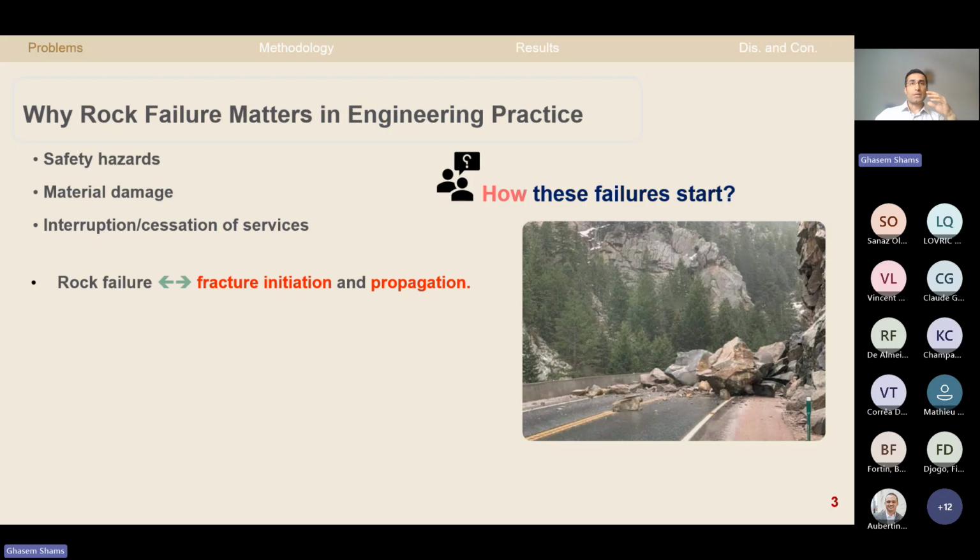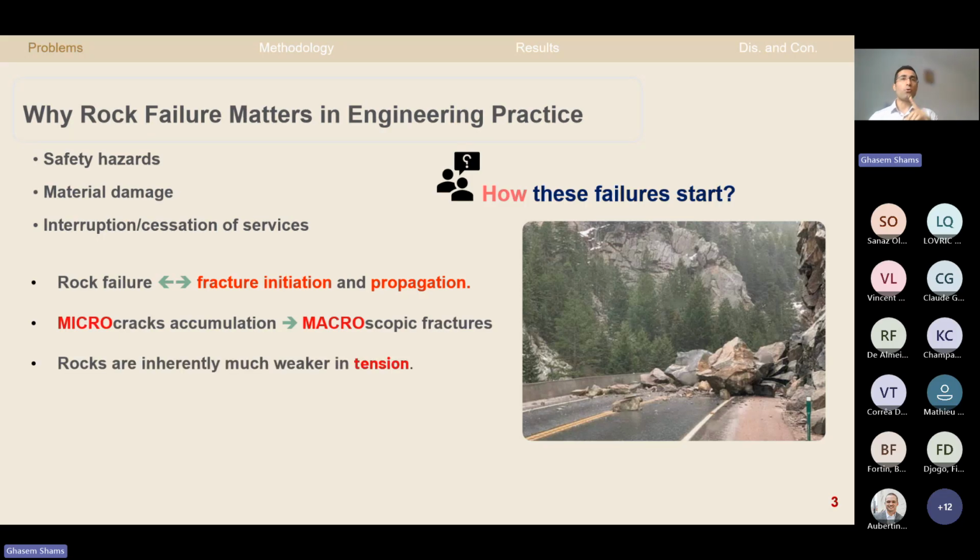As these microcracks accumulate, they result in a macroscopic fracture that ultimately controls the stability or instability of rock structures. But the important point here is that rocks are inherently much weaker in tension than in shear or in compression. So even relatively small amounts of tensile stress can trigger the first microcracks. These microcracks accumulate and cause the final failure.